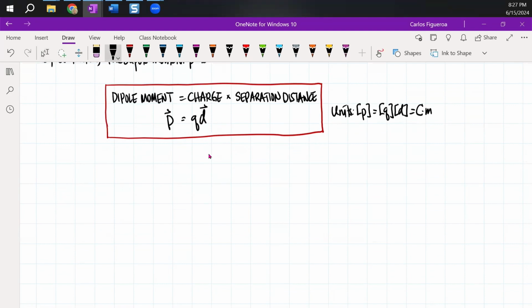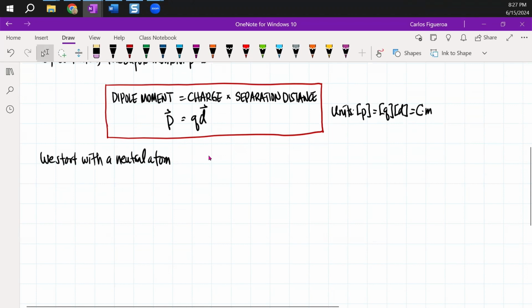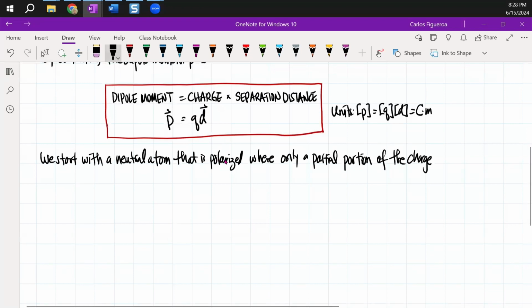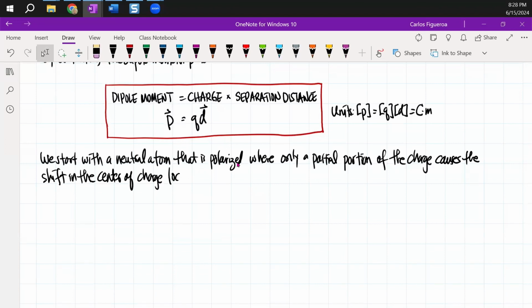We start with a neutral atom that is polarized, where only a partial portion of the charge causes the shift in the center of charge locations.